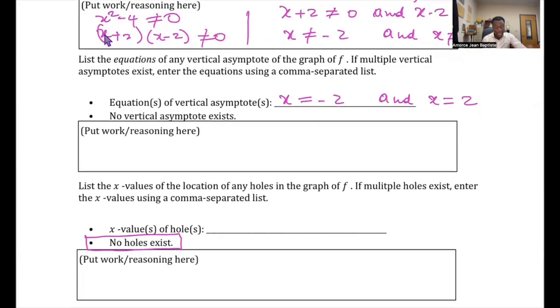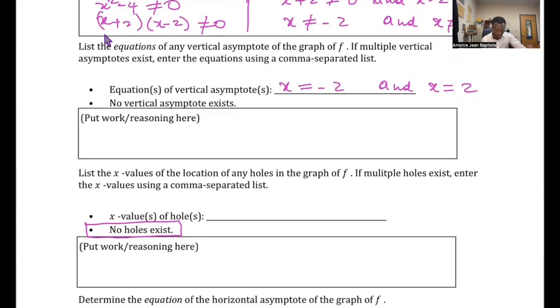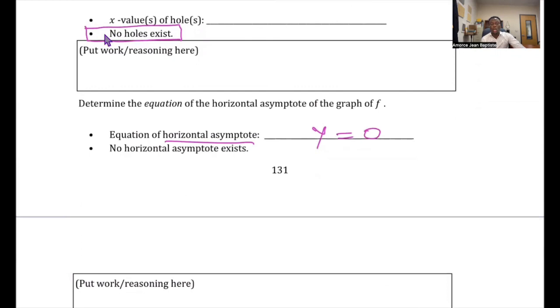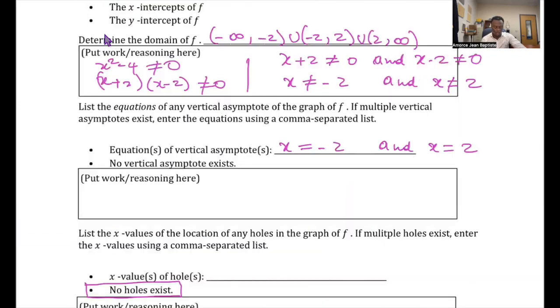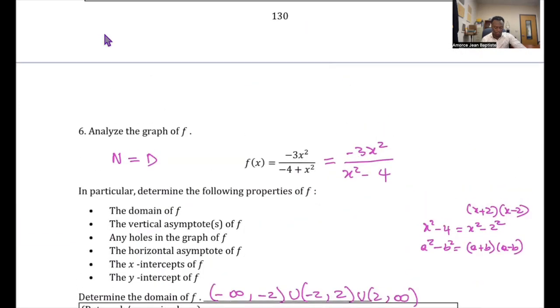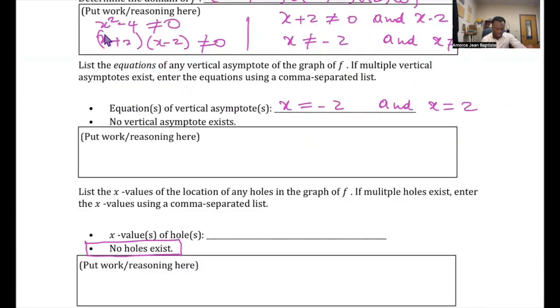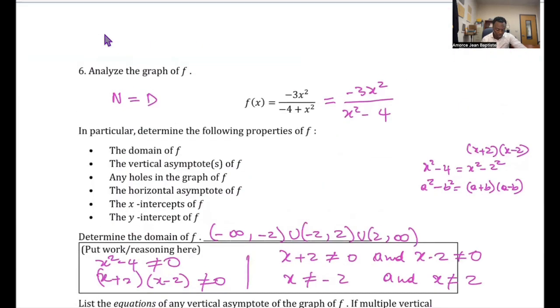We already said that this function has no hole, and because the numerator degree is the same as the denominator degree, we need to use the ratio. y equals the ratio of the leading coefficients.